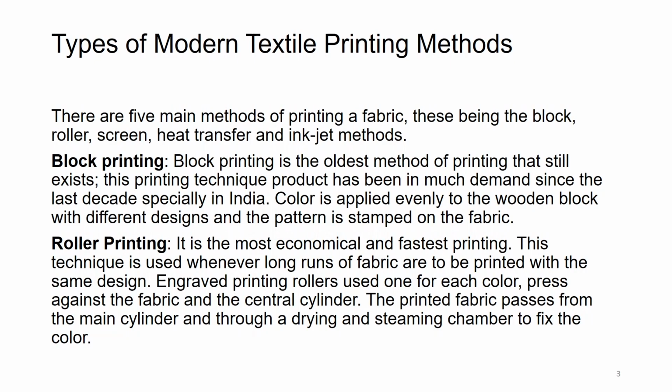Block printing is the oldest method of printing that still exists. So, it is still considered not as a traditional method, now it has come into the category of modern printing method as well. This printing technique product has been in much demand since the last decade, especially in India.